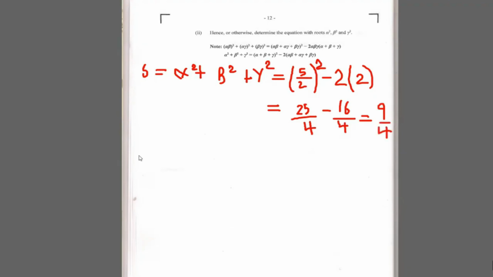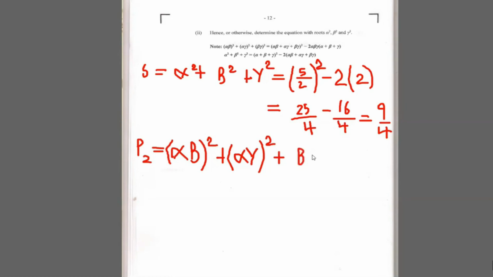Now we need the product by 2. I'll call it P2. P2 is going to be alpha squared times beta squared, which is alpha beta all squared, plus alpha gamma all squared, plus beta gamma all squared.